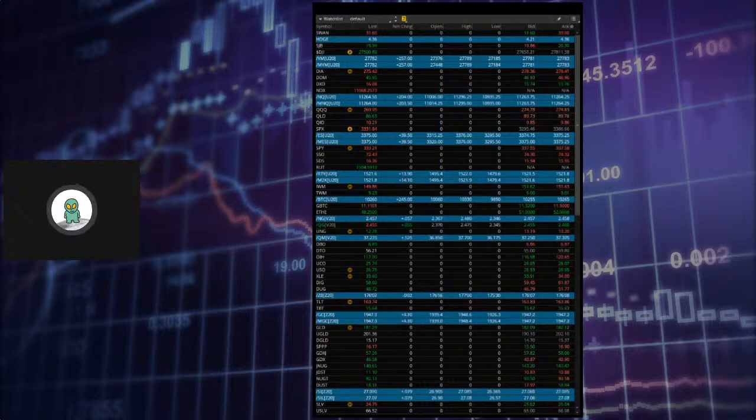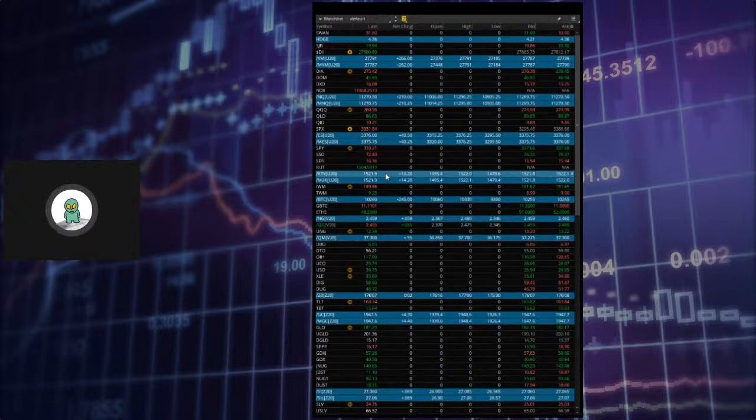All right, so taking a look at the overnight markets, we have the Dow up 258 points at 27,783. We got the NASDAQ 100 up 202.5 points at 11,267 and a quarter. We got the E-mini S&P 500 up 40.5 points at 3376 even.